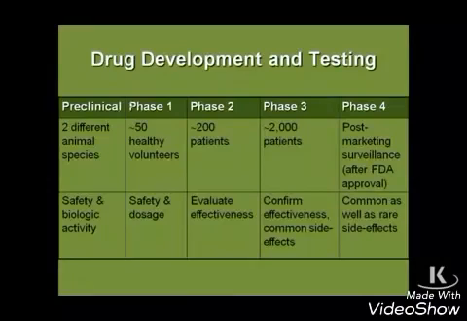But once a drug goes into clinical trial, it goes through a series of phases, 1, 2, 3, and 4. In phase 1 clinical trials, a couple of things to notice here. First of all, it's a small number of people, usually around 50. These are healthy volunteers. Notice these are not people with the disease. And importantly, the question that you're trying to answer in phase 1 is, is the drug safe?